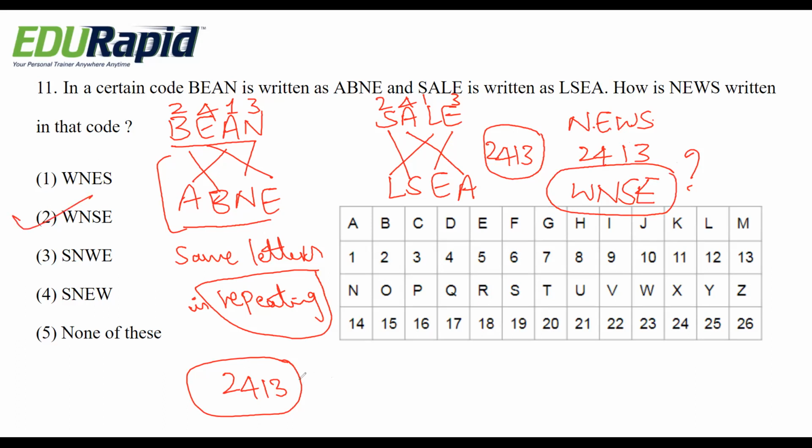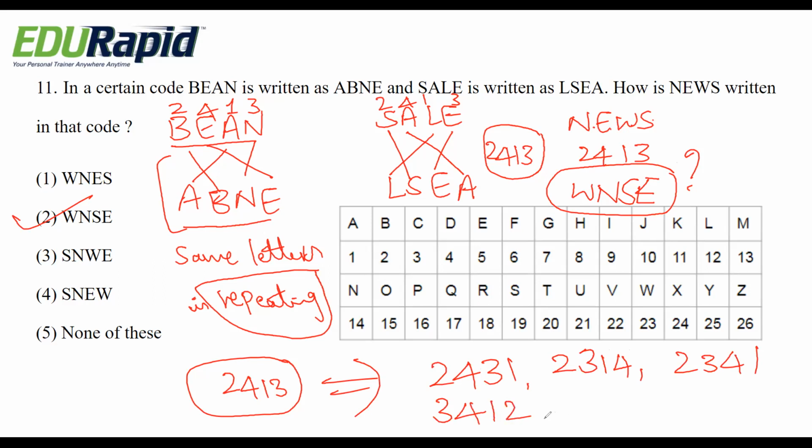option 2. Sometimes it may be in the pattern of 2-4-3-1, or 2-3-1-4, or 2-3-4-1, or 3-4-1-2, 3-4-2-1, or 3-2-1-4, like that.